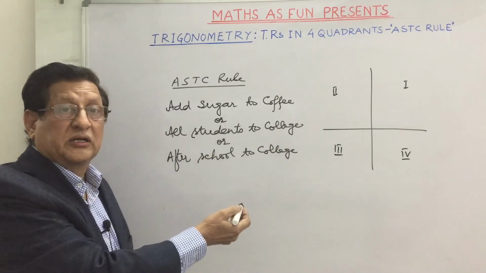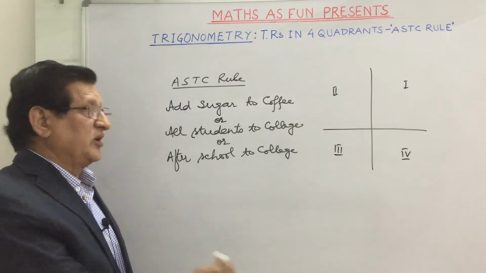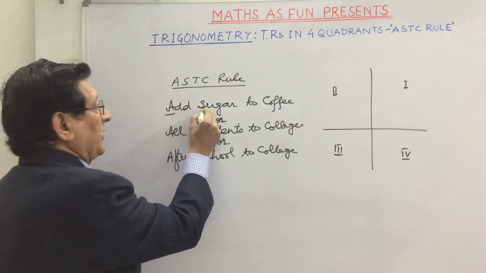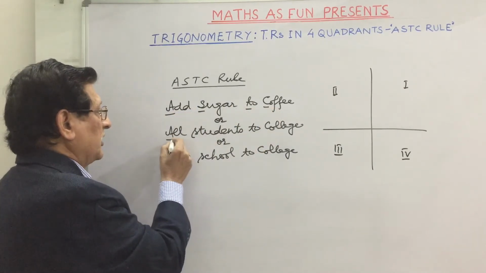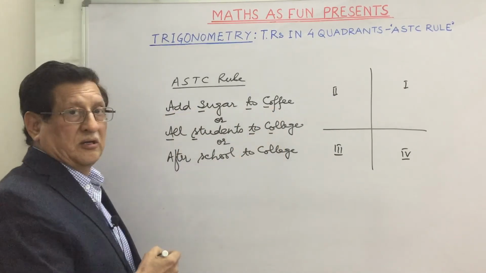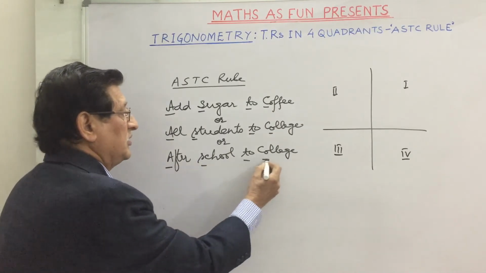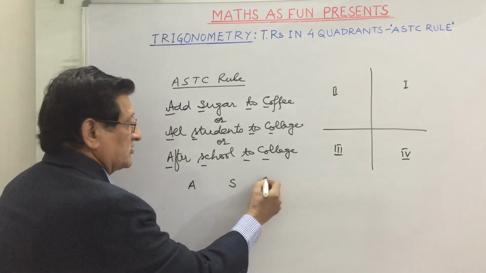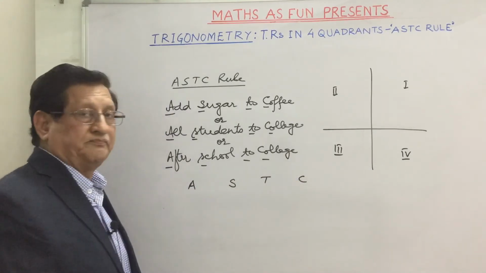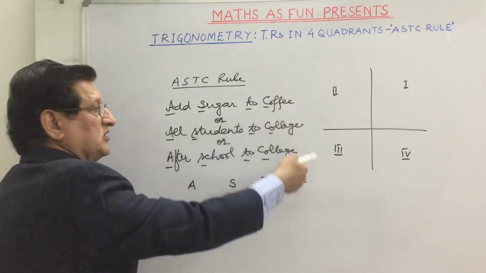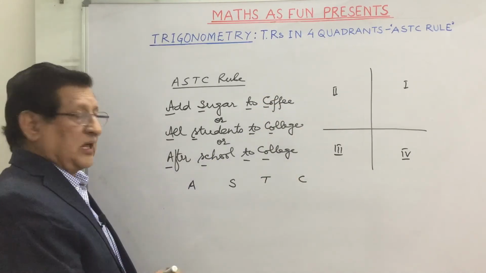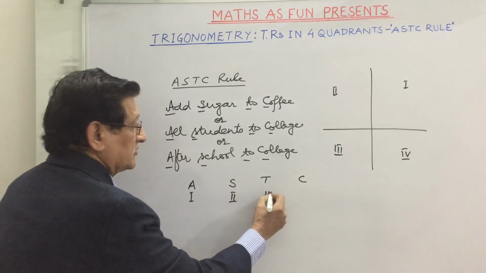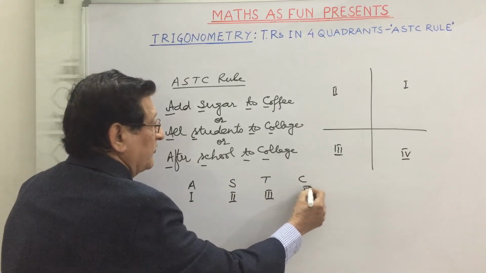Anyway, you can remember the sentence, but what we need from them is the first letter of each word, that is ASTC. Here also ASTC, and here also we are finding ASTC. See here, this is A, this is S, this is T, and this is C. If we write all these four quadrants below them, this is the first quadrant, this is the second quadrant, this is the third quadrant, and this is the fourth quadrant.